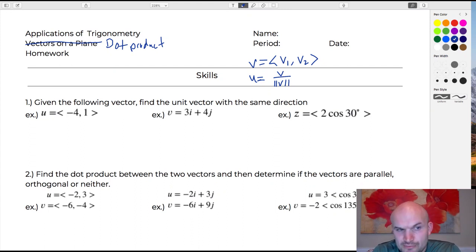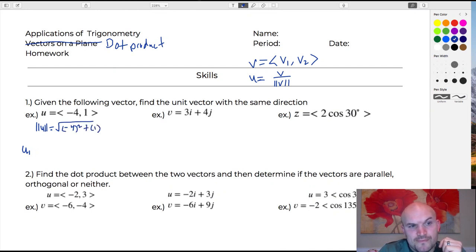This one is already labeled u, so I'm going to write the unit vector as u1. Before we can figure out the unit vector, we need the magnitude of u. Using the formula, it's the first component squared plus the second component squared, and this gives us the square root of 17.